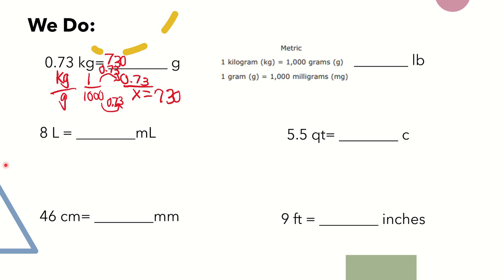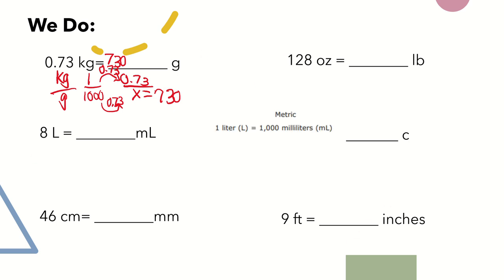Let's look at the next one. Again, this time we're talking about liters to milliliters. Again, I have got this from my conversion chart, and let's see if we can see what the comparison is from liters to milliliters. We know that 1 liter is equal to 1,000 milliliters. And we're trying to figure out how many is in 8 liters.